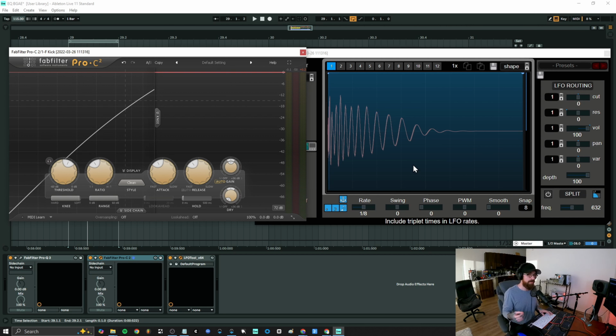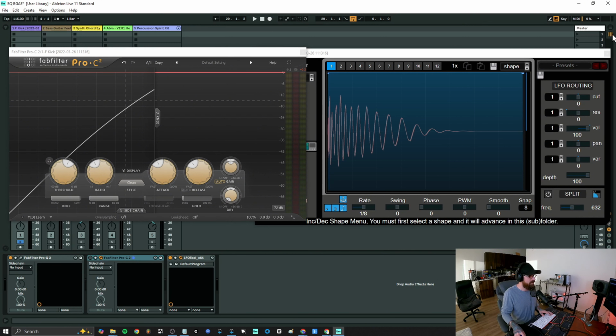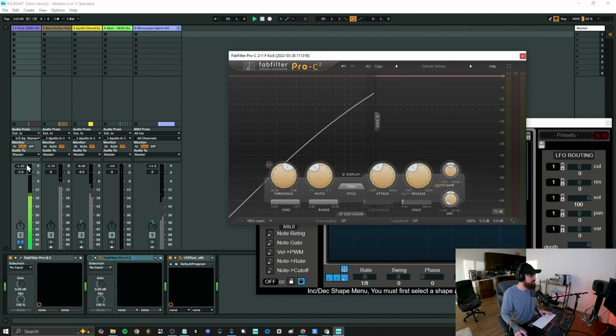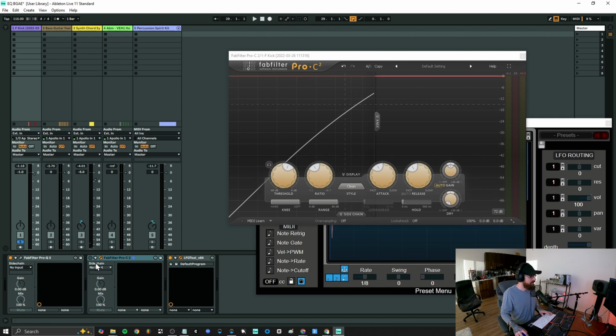Now the most important thing we can do here is let's turn off the compressor and check what the gain level was before we started adjusting it. So let's go take a look at our kick drum. So it's at negative 1.18. Let's turn our compressor back on.